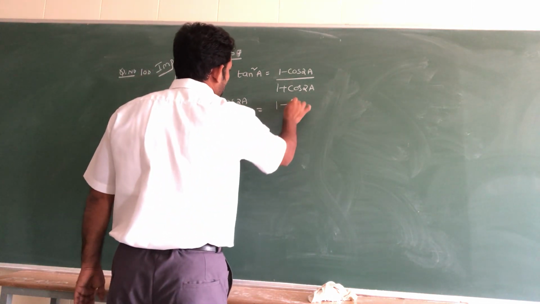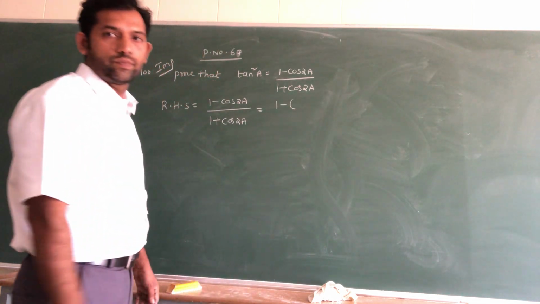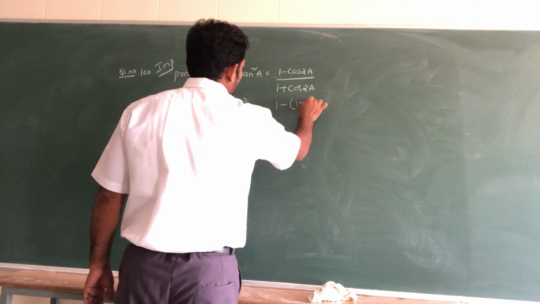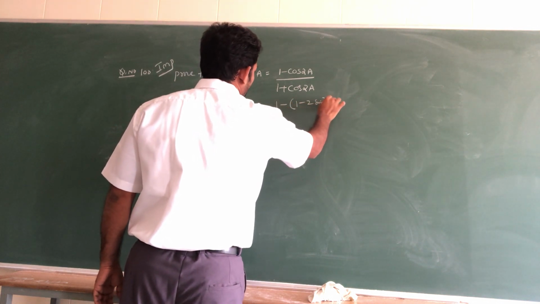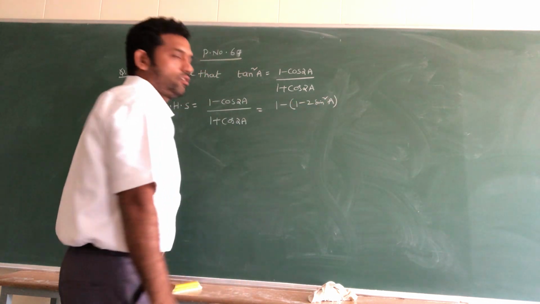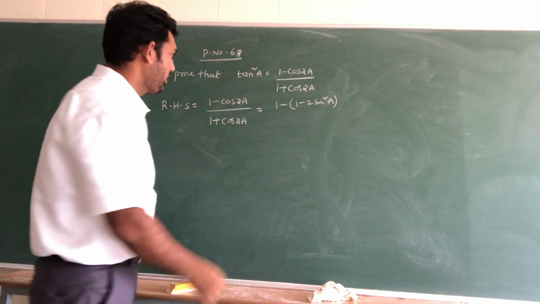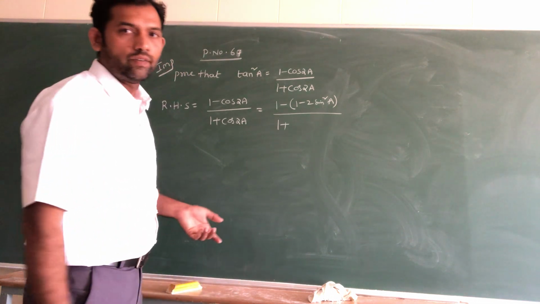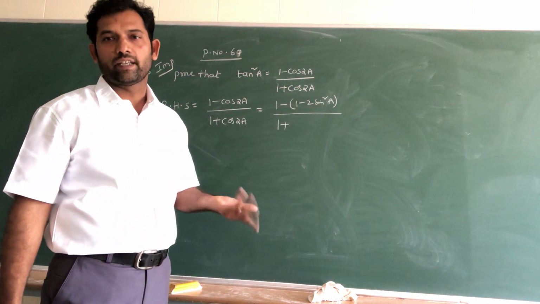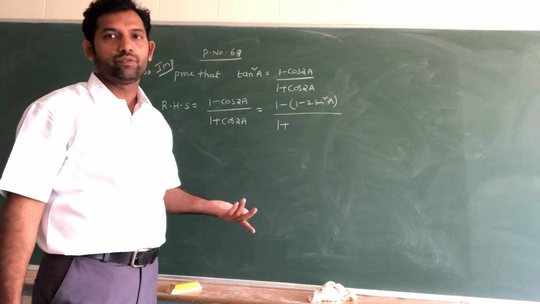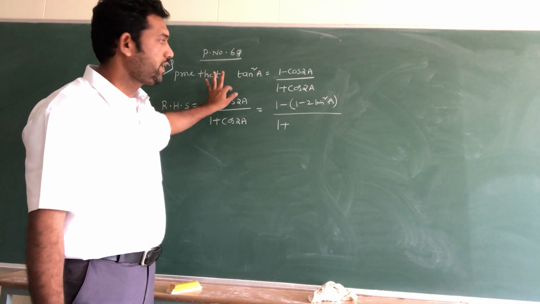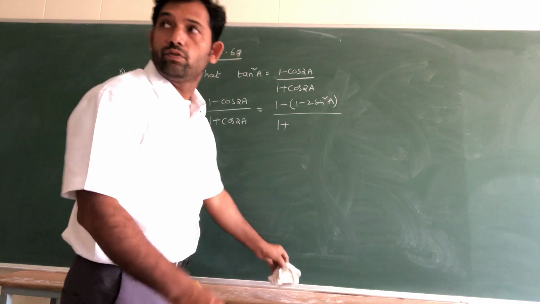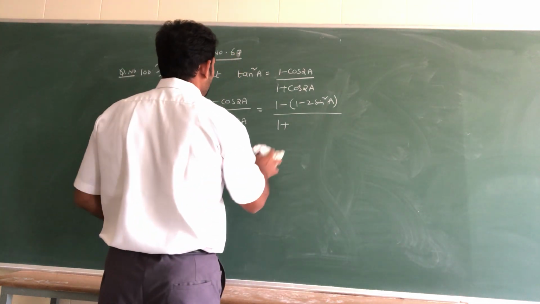For 1 minus cos 2a, take the cos 2a value in terms of sine: 1 minus 2 sine square a. Divided by 1 plus, here take the cos 2a value in terms of cos. Otherwise do one thing, a simple simplification.